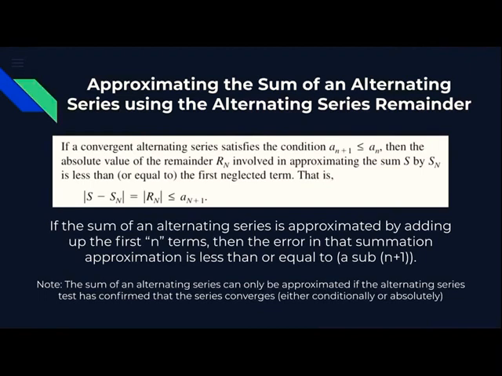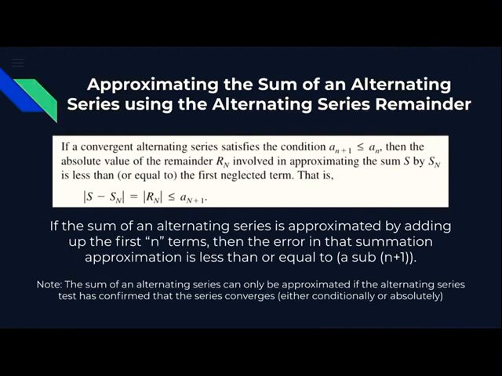So, if a convergent alternating series satisfies the condition a sub n plus 1 is less than or equal to a sub n, meaning that a sub n is always non-increasing, then the absolute value of the remainder, which is represented by r sub n, involved in approximating a sum, which is represented by s, using s sub n as an approximation, the error in that is less than or equal to the first neglected term.